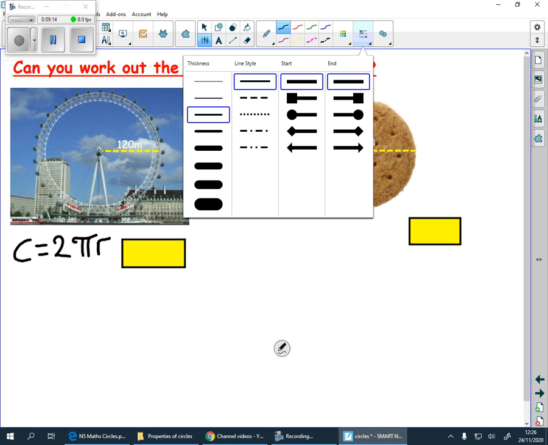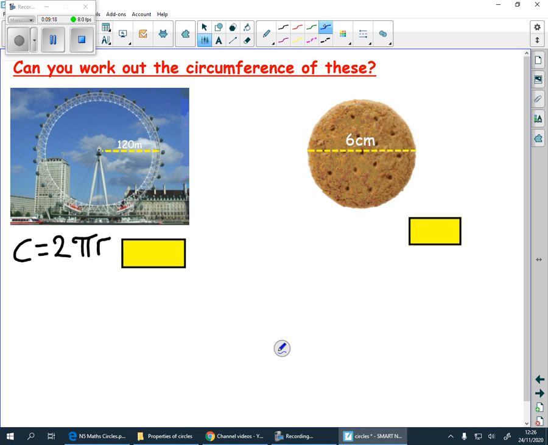I need a thinner pen. Okay, so we know our value of pi. We know our value of r as 120. So we're just going to substitute in and use a calculator to answer the question.